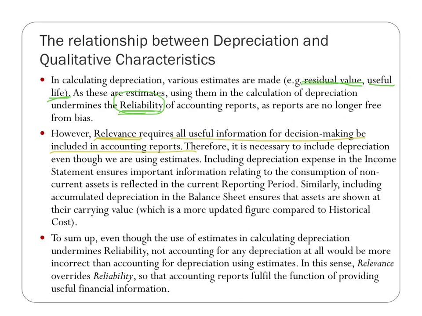So to sum up, even though the use of estimates in calculating depreciation will undermine reliability, not accounting for any depreciation at all would be more incorrect than accounting for depreciation using estimates. So we are saying that relevance overrides reliability, making sure accounting reports fulfill the function of providing useful financial information. The key here is to say that not accounting for any depreciation is worse than accounting for depreciation using some kind of estimates.